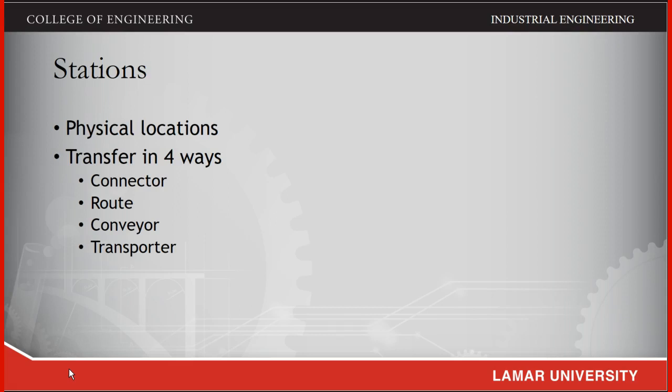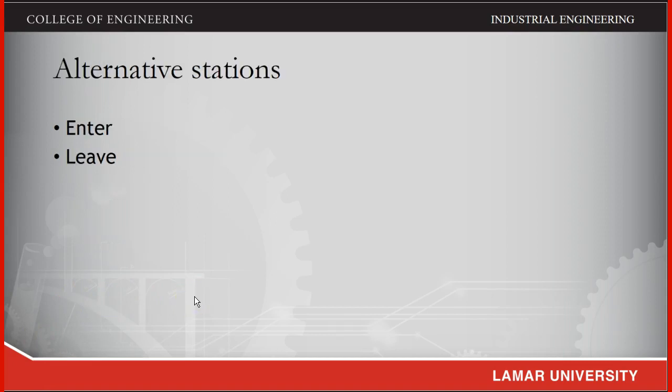That is in contrast to conveyors and transporters, in which conveyors are a continuous means of motion between stations, and transporters are discrete means of movement. We will discuss them more in detail. With the stations, we can specify alternative ways to work with stations, that are the enter and leave.